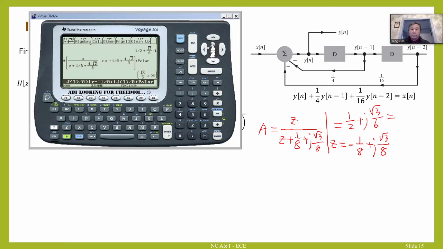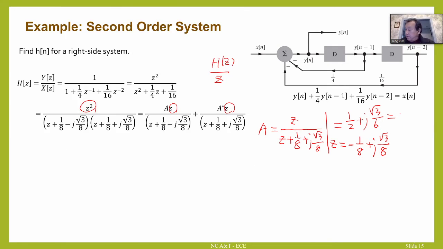So this is square root 3 over 3 e to the j pi over 6. 30 degrees is pi over 6.